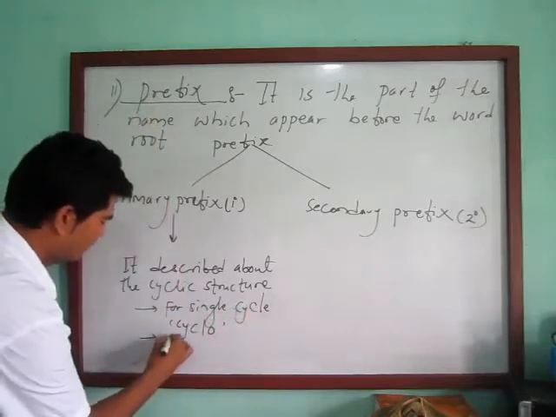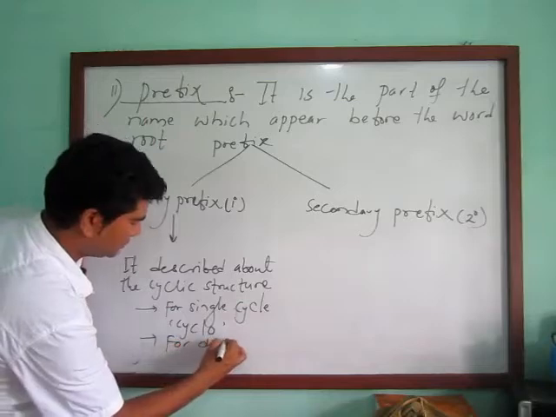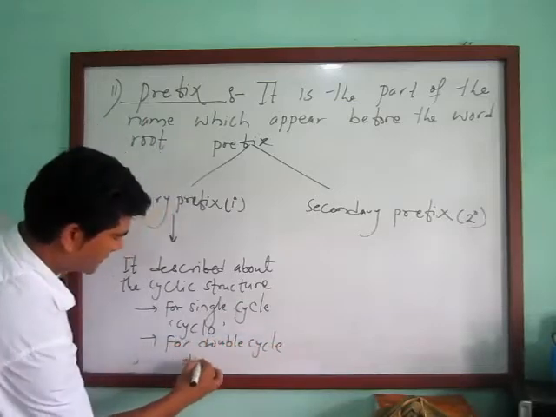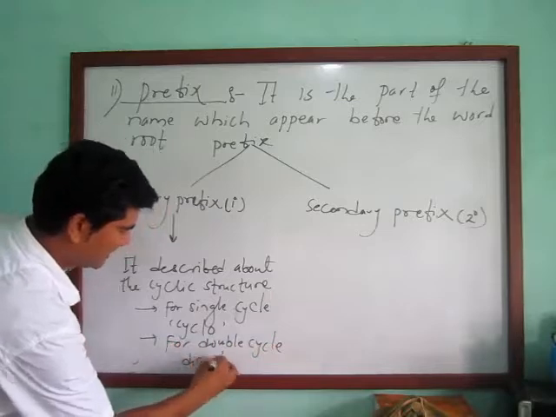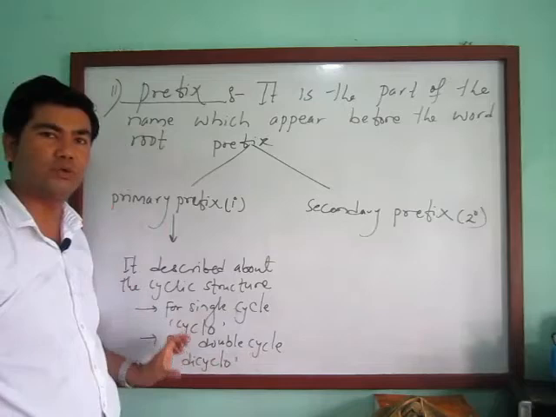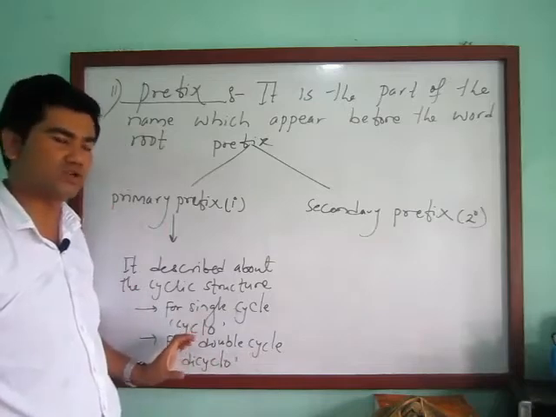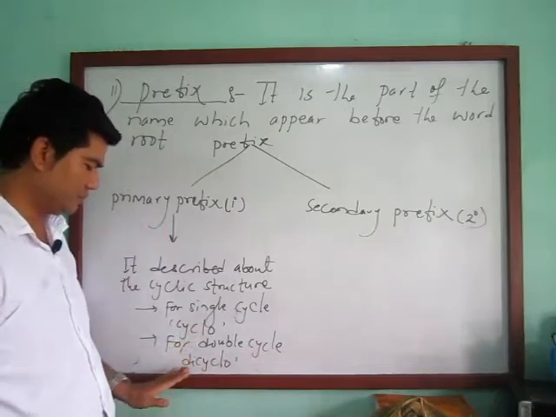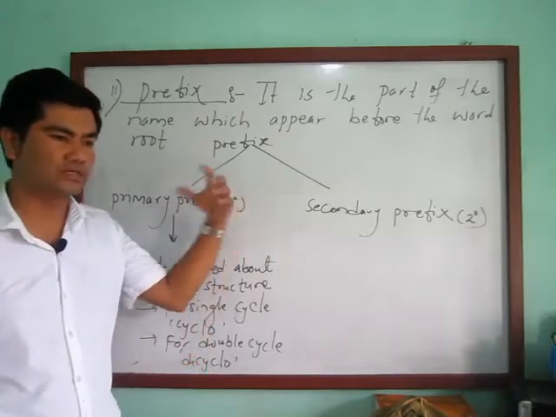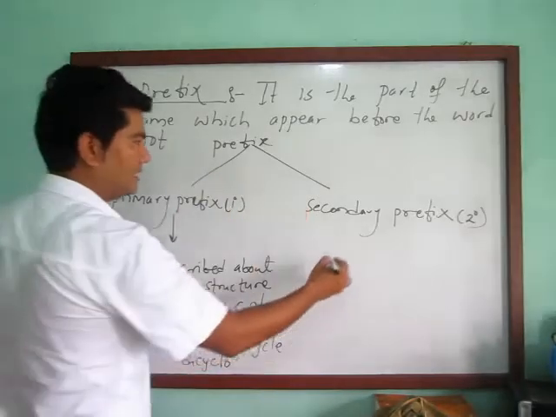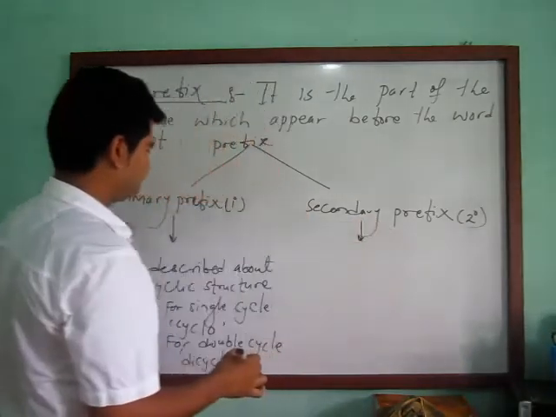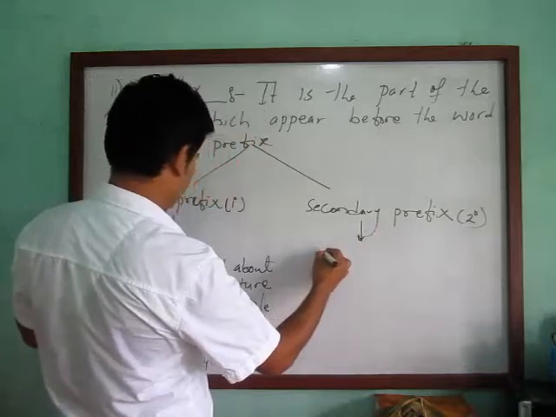Similarly, for a double cycle, we should use bicyclo as a prefix. If there are two cyclic ring structures, then we should use bicyclo as a prefix.